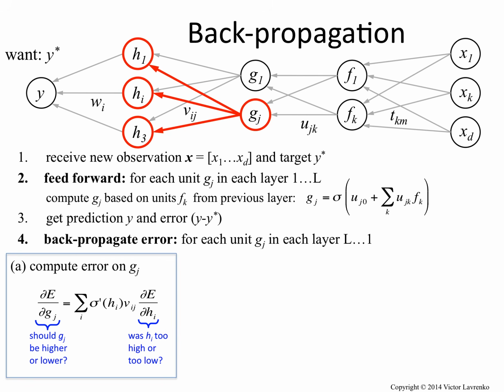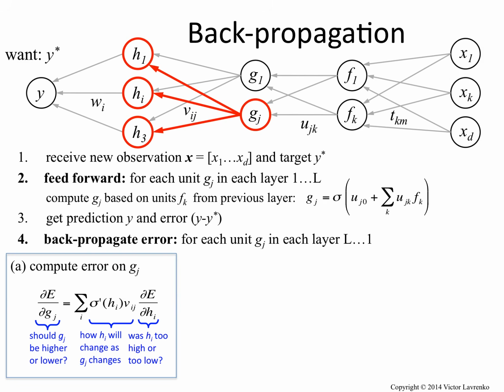And then this part of the equation is an encoding of, as we change Gj, how will Hi change? And it's really pretty simple, right? You have the weight connecting i and j. So as I change Gj, it's going to get multiplied by this weight Vij, and that's how it will affect the unit Hi.